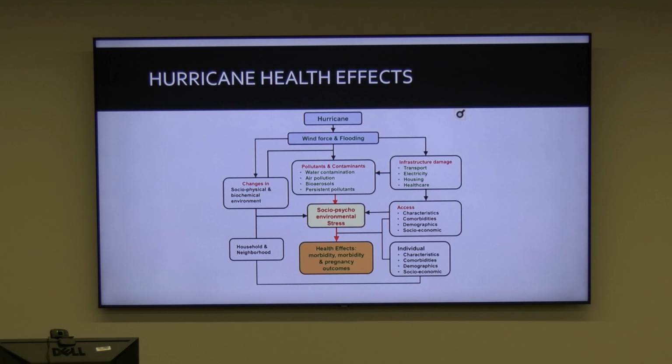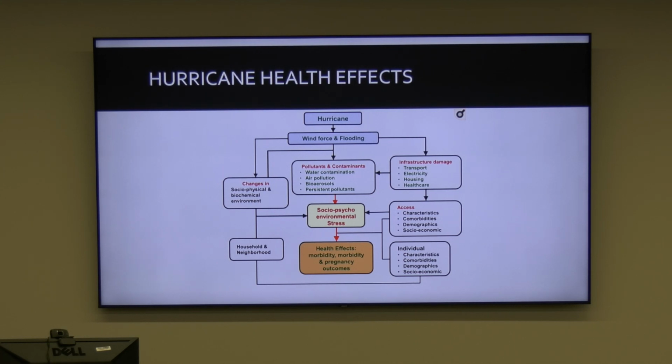These are all kind of intertwined, but the big thing is that it gets rid of access to healthcare, which causes socio-physical environmental stress from an individual and a societal perspective, and that will affect health outcomes of morbidity, mortality, and pregnancy outcomes for populations.